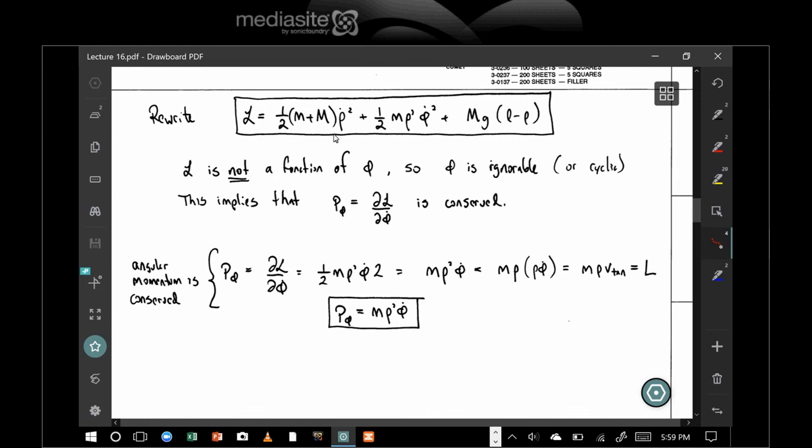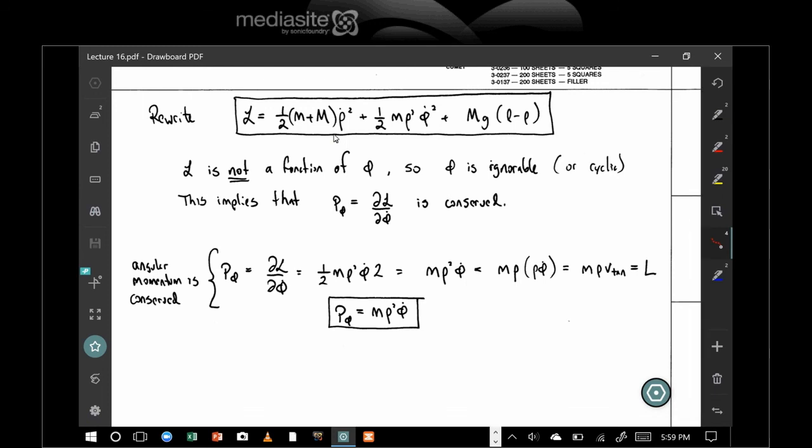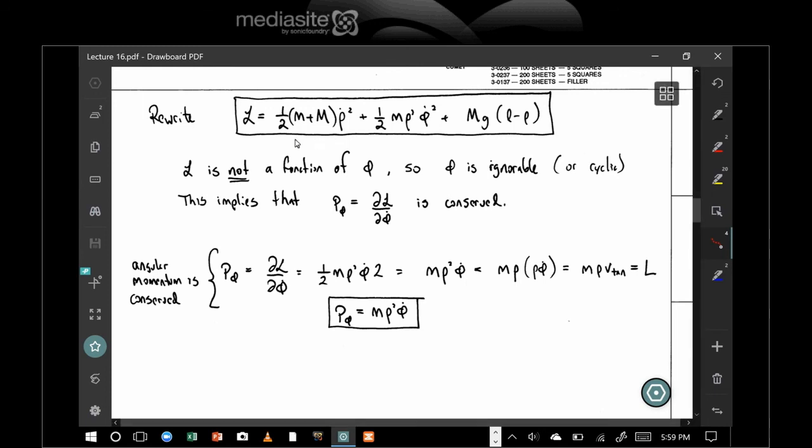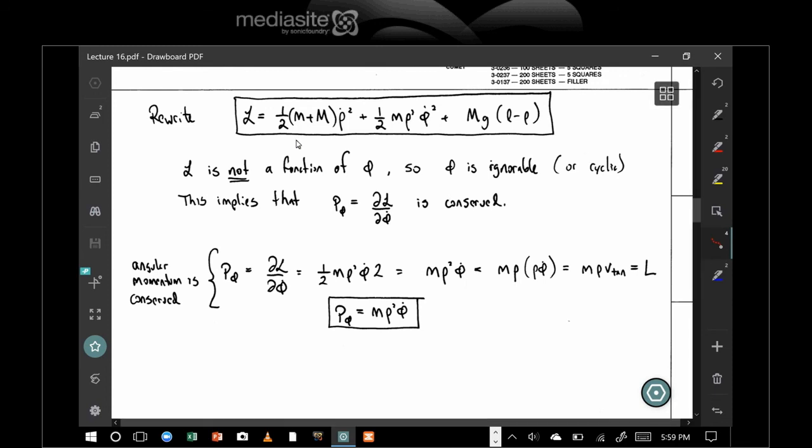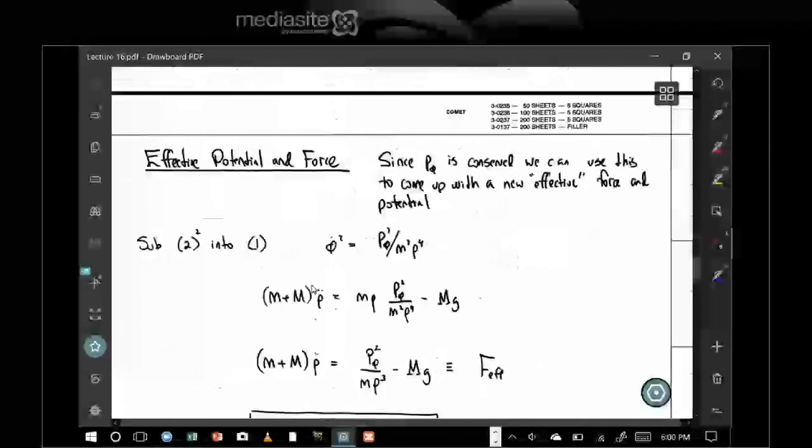That means the generalized momentum associated with phi is constant. Back to real things, that means the angular momentum of the system is constant. So we use that constant through our equations. The Lagrangian is cyclic in phi, thus the generalized momentum associated with phi is a constant number.